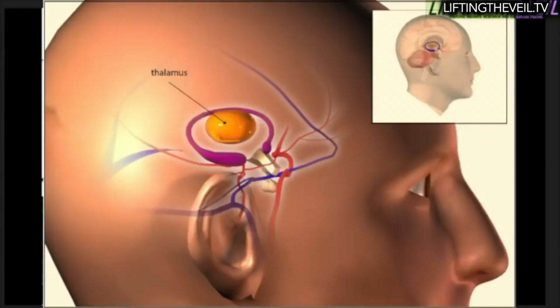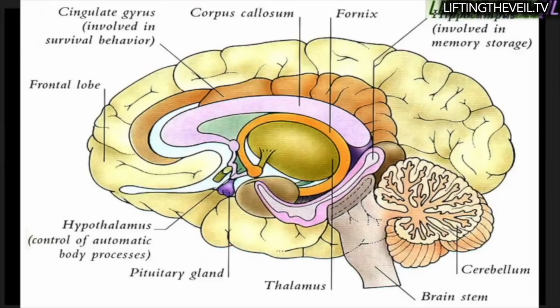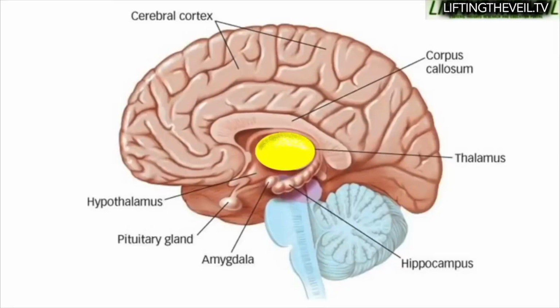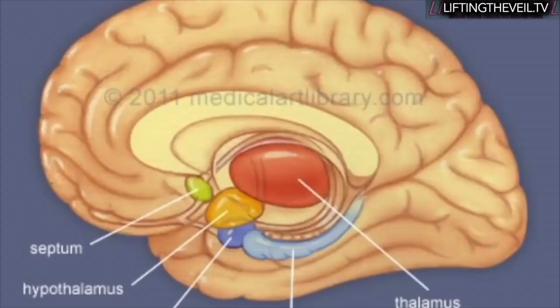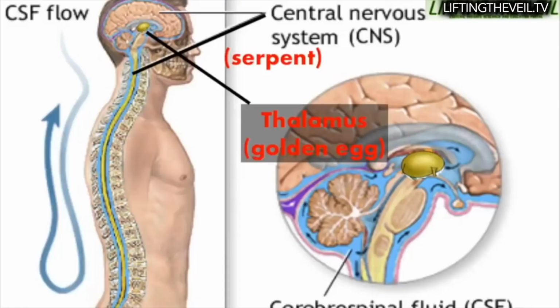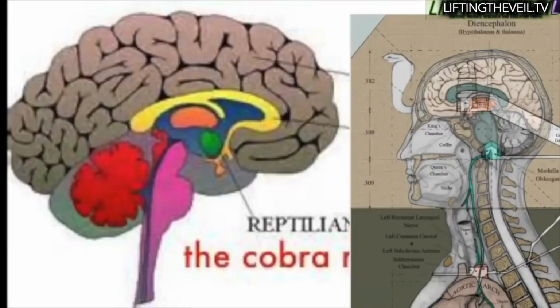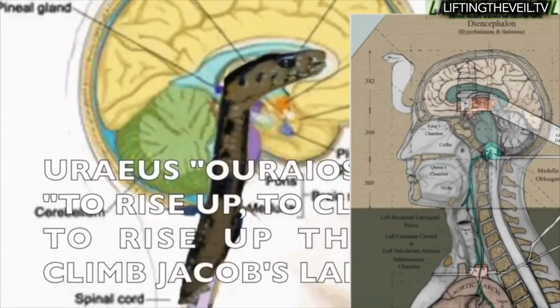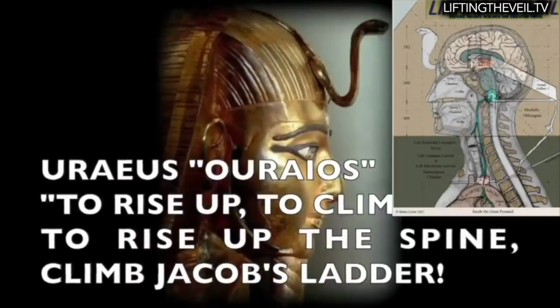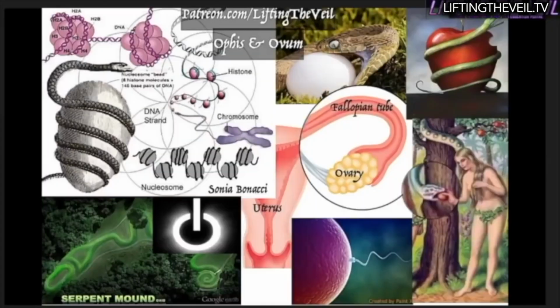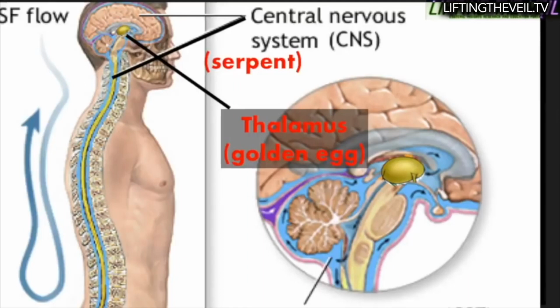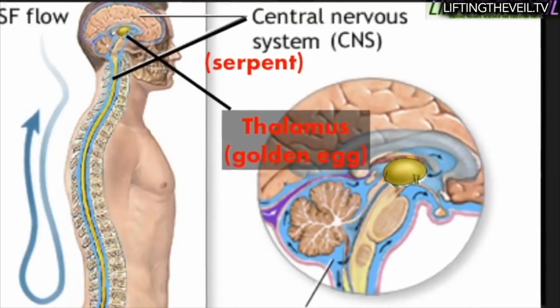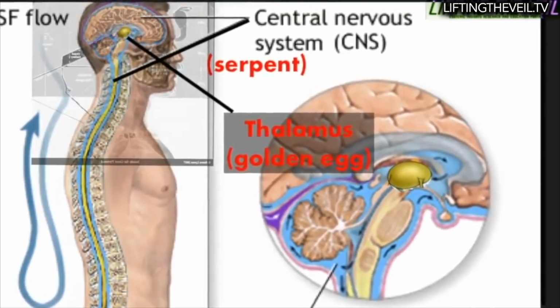And the golden egg lies in the center of your brain, the thalamus, or the diencephalon, or the putamen. So again, remember from the part 2 presentation where I depicted the basal ganglia being the aureus serpent.